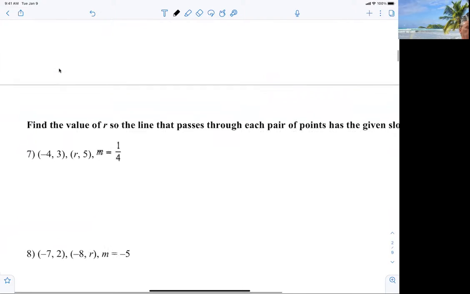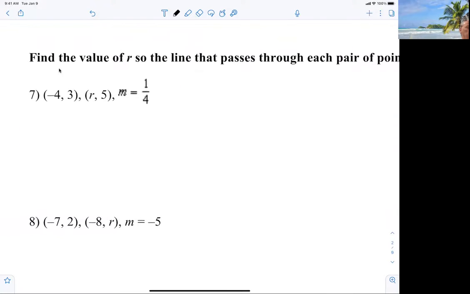Now these are the ones that are a little bit more challenging. I'm trying to find a slope of 1/4. So what is this x value going to be? It's just the slope formula, correct? So 5 minus 3, which is 2, over, I'm just going to leave it as x, x plus 4. Does everybody see that? In other words, I just changed r to x. That's the missing variable.